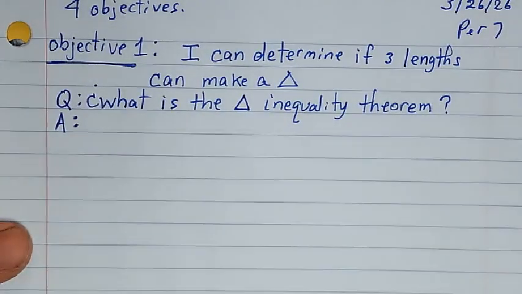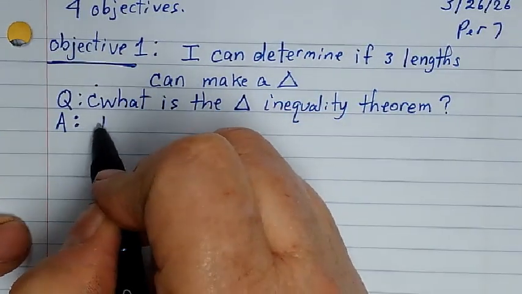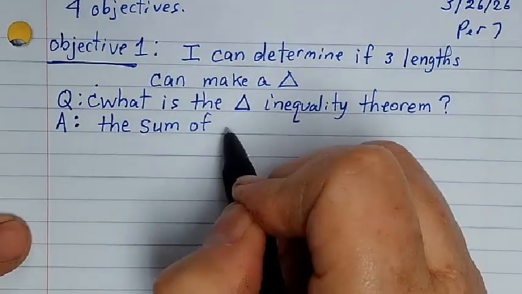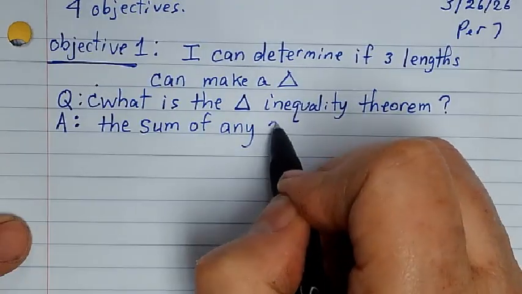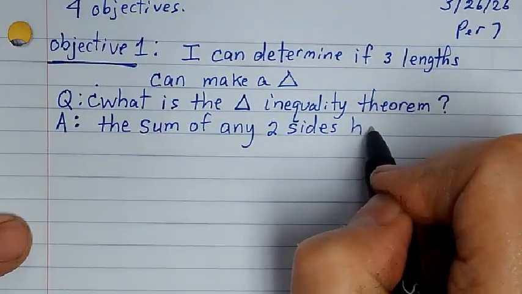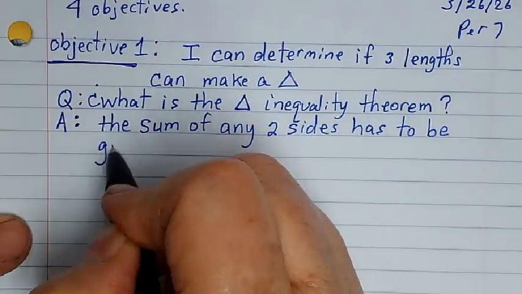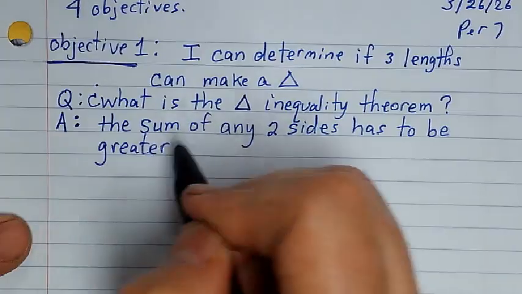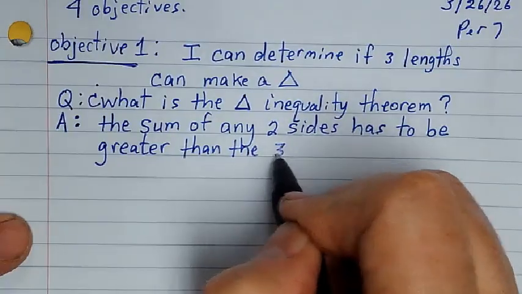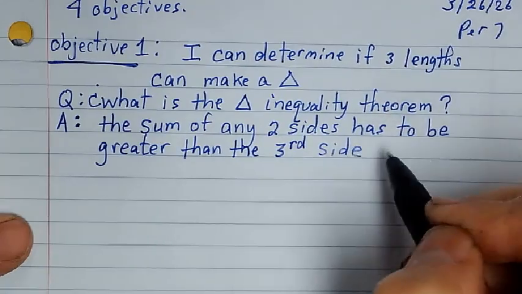The triangle inequality theorem says something like this. It's going to tell you that the sum of any 2 sides has to be greater than the third side.